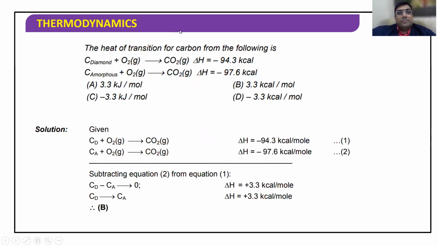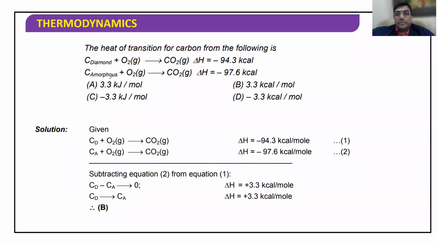So let us solve another question. Heat of transition of carbon is given. So diamond, when you oxidize, you get CO2 and the heat liberated is minus 94.3. Minus is exothermic process.